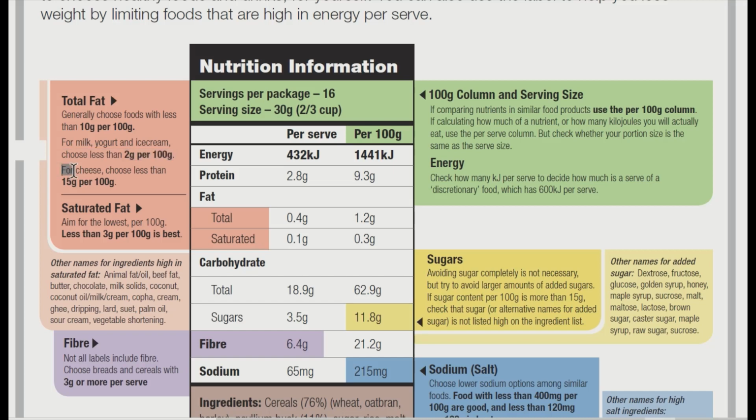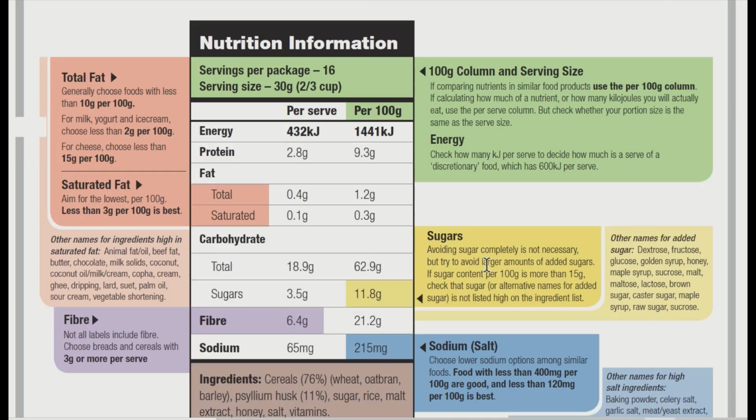And if it's for cheese or another product similar to cheese, we're looking at 15 grams per 100 grams for that food product. It's also a really good diagram here because it tells you some of the other names that can be used for saturated fat in the ingredients list.